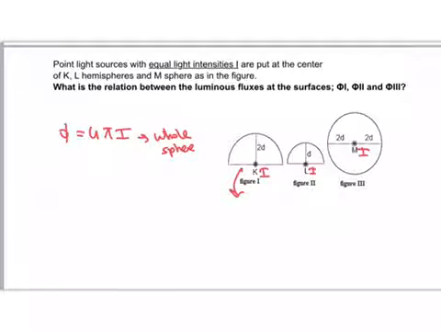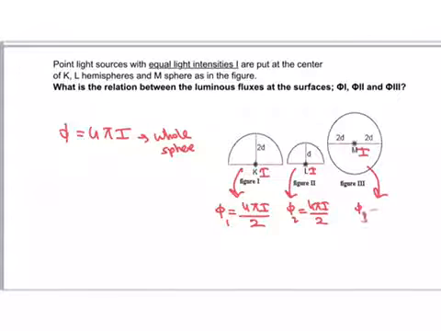So here the luminous flux will be equal to half of it. Also here it will be equal to half of it because it is a hemisphere. But here I have a sphere, so it will be equal to 4πI. So the flux 3 will be bigger than 1, which is equal to 2.